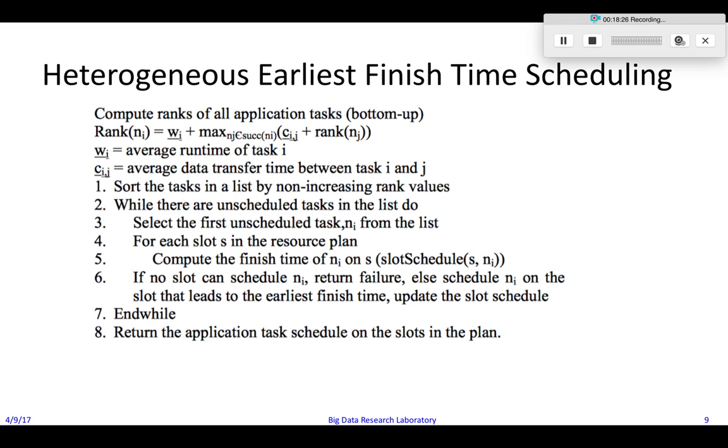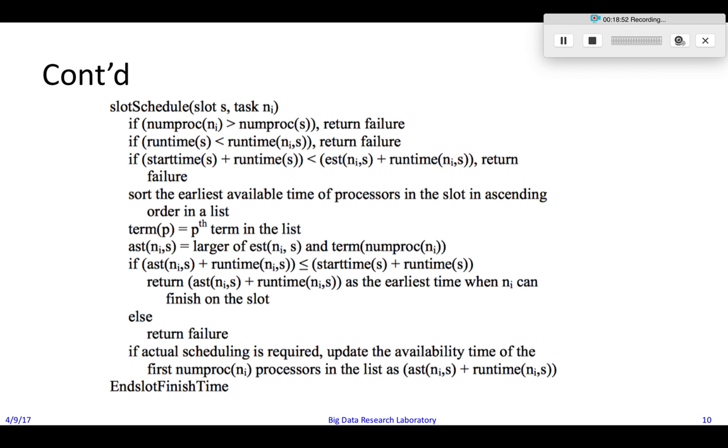If no slot can schedule this task, it means that we cannot find a schedule for this task. And then we schedule this task on the slot which leads to the earliest finish time. Then at last we need to update the slot schedule. Then we can return the application task schedule on slot in this bin.